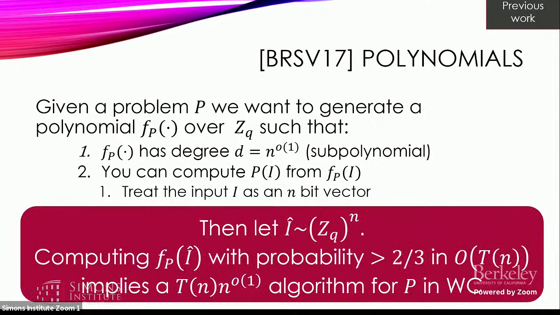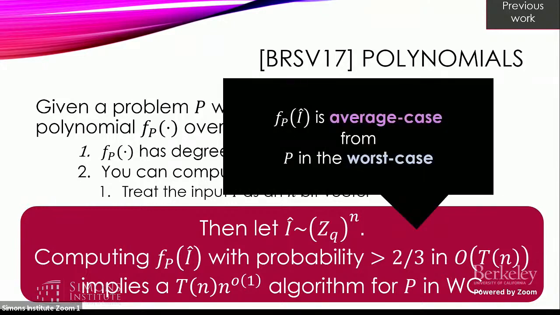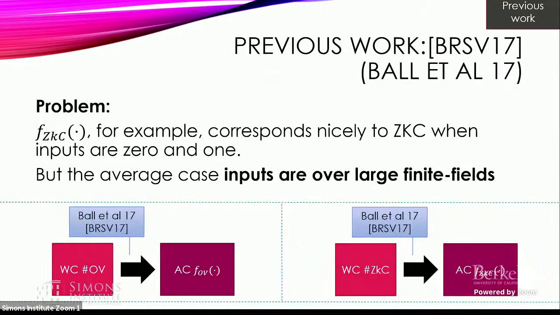And in fact, hard on the uniform distribution over this field of size Q. So they get an average case hardness from the worst case.